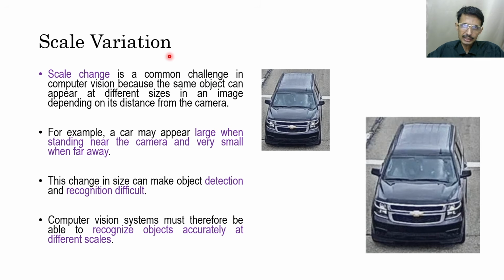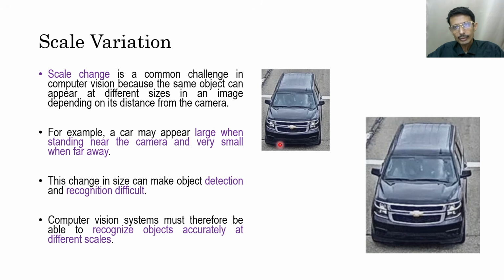Next is scale variation. It is kind of similar, a very common challenge in computer vision, because the same object can appear in different sizes in an image depending on its distance. Just think of a camera mounted on the road, a surveillance camera or CCTV camera.